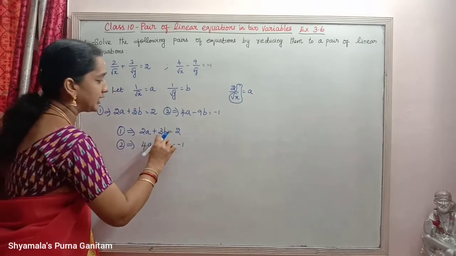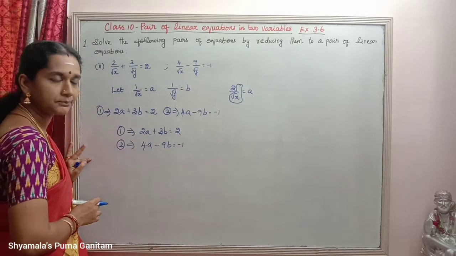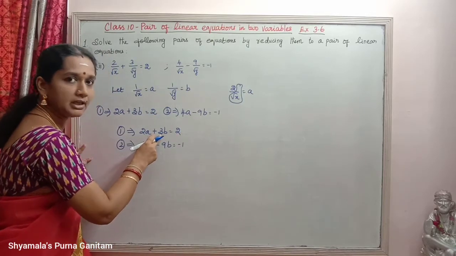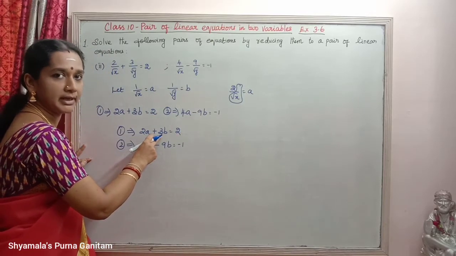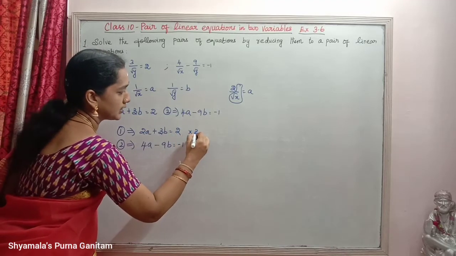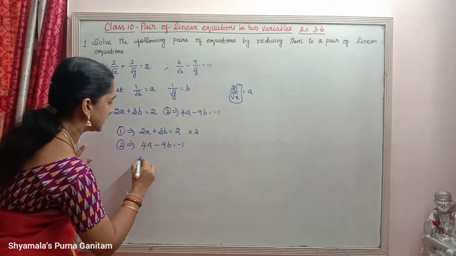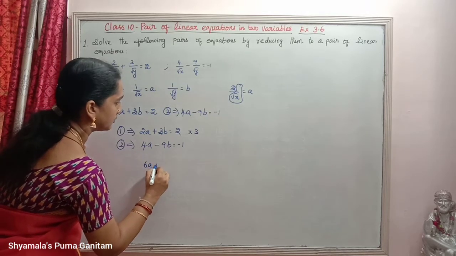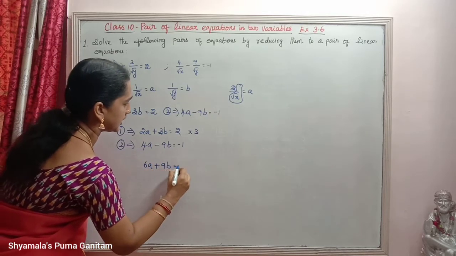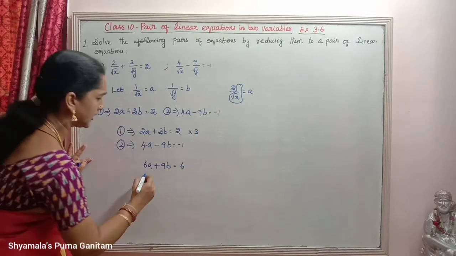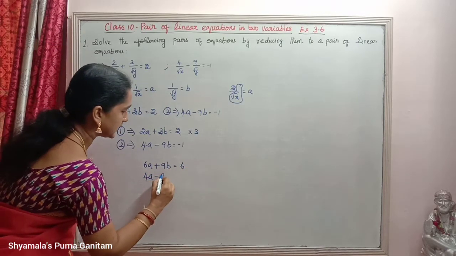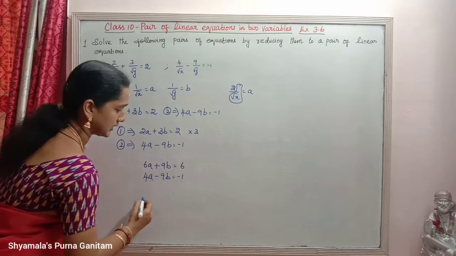So when I multiply the first equation by 3, this 3b will become 9b, so that can be eliminated. First equation into 3 is 6a plus 9b is equal to 6. Then 4a minus 9b is equal to minus 1.